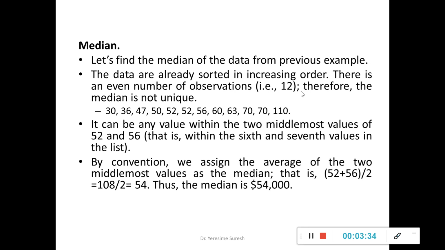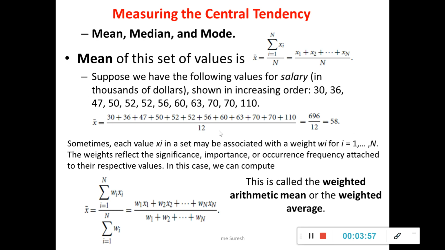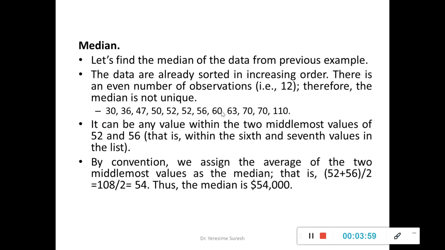But in this case there are an even number of observations. So what will I do? I'll take the two middlemost values, that is 52 and 56, and then take their average. The average of 52 and 56 is 108 by 2, that is 54. So the median is 54. The mean is the average of all the instances, and the median is the middle value in the given observations.